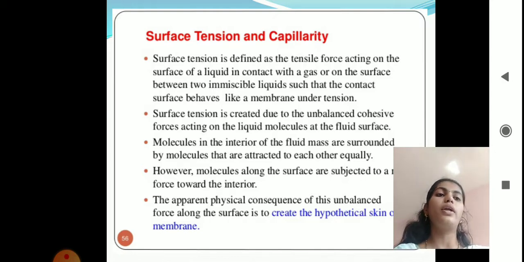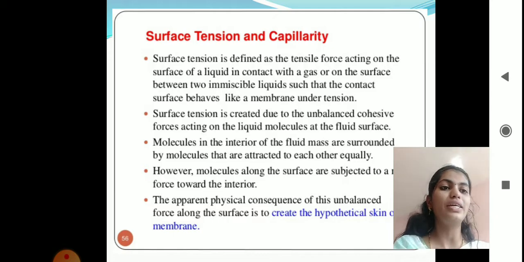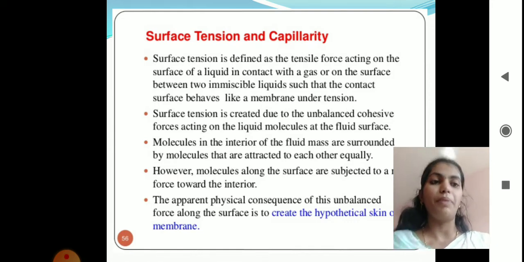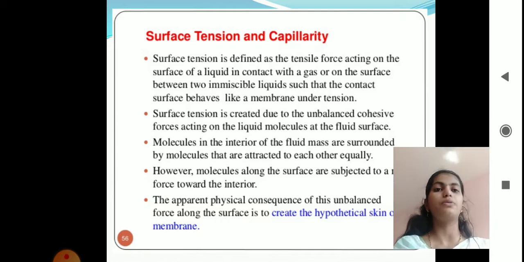Immiscible means not intermixed liquids, having separate orientation or separate behavior. These liquids are kept in contact like a membrane under tension, and they behave like a membrane because of the surface tension.